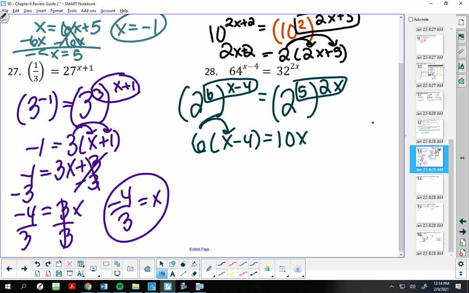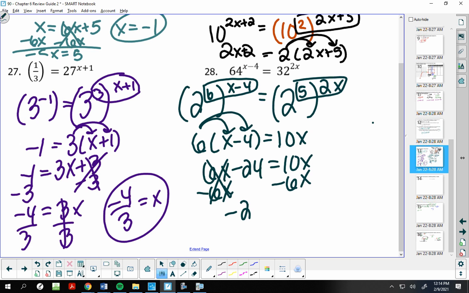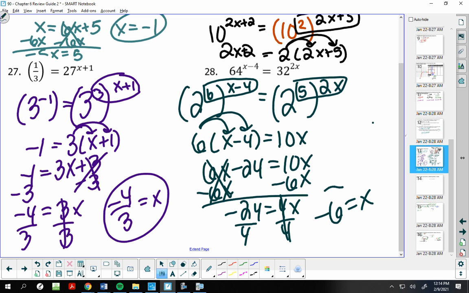So that's 6x minus 24. So we get x equals negative 6.